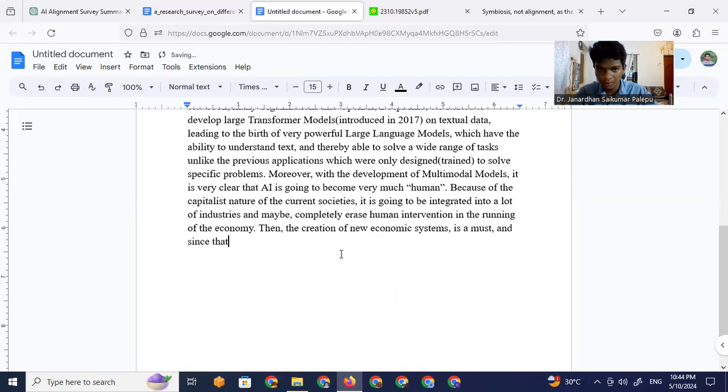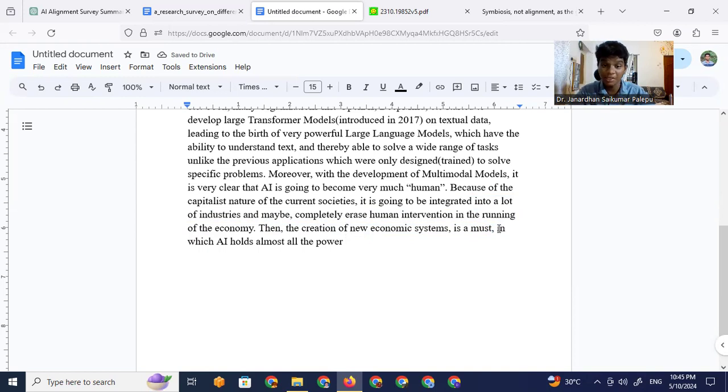And since that is not part of our discussion for now, a new system is a must, in which AI holds almost all the power.